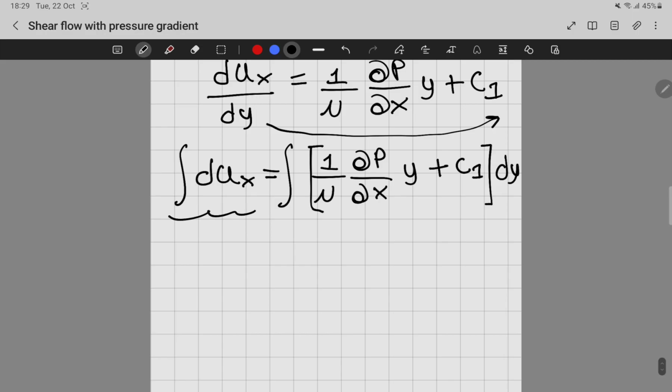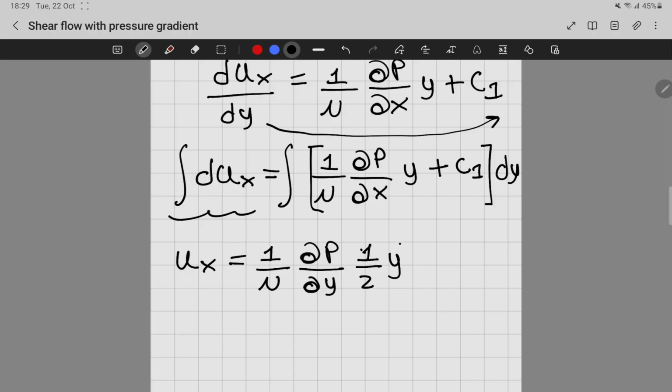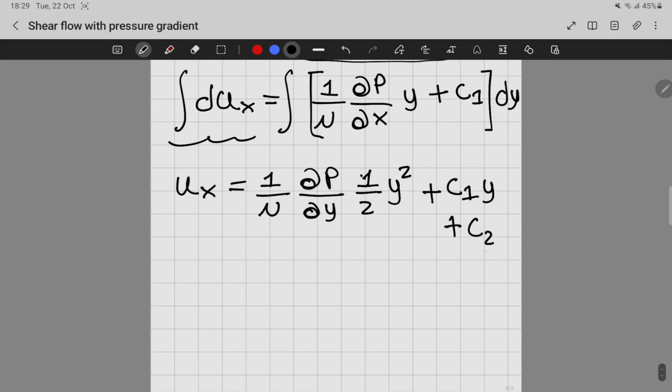And now this first integral is ux is equal to 1 over mu. So you remember the integral of y with respect to the differential of y is going to be half y to the 2, and then plus c1y plus c2. So we have our second integration constant.